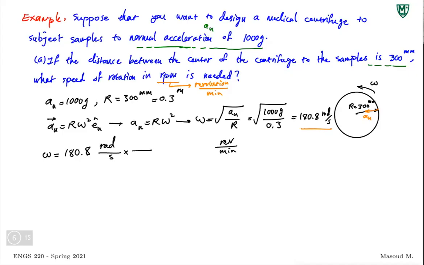We'll just do the multiplication. 60 seconds is 1 minute, and then multiply the radians per second. To convert radians to revolutions, 1 revolution in a circle is the circumference, which is basically 2 pi.